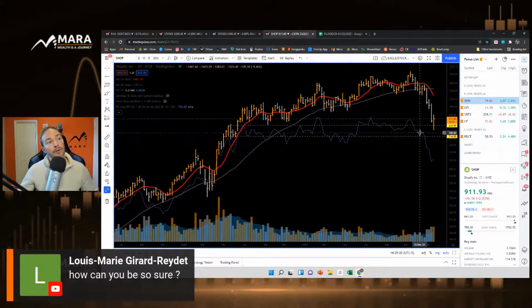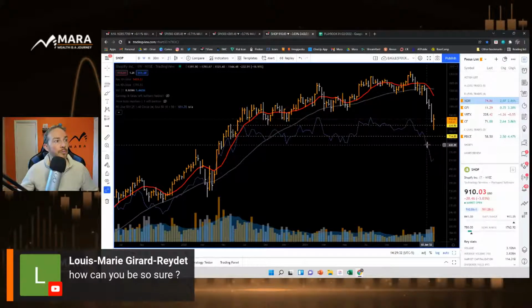Also, the relative strength line has been leading the way. It actually broke down, falling below support from way back here before price, right?